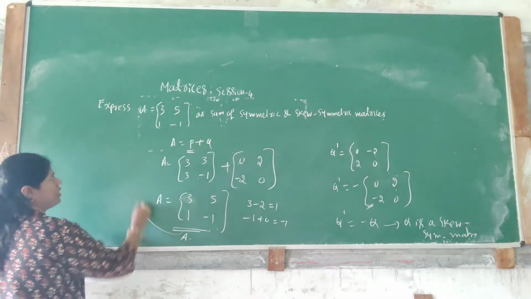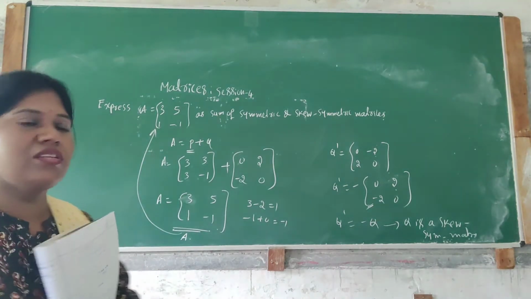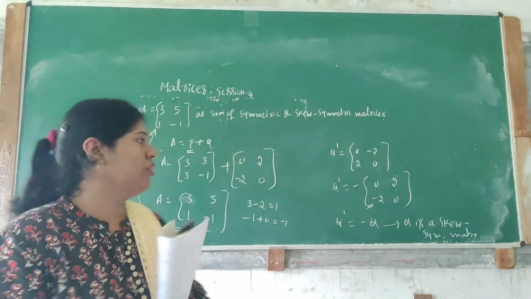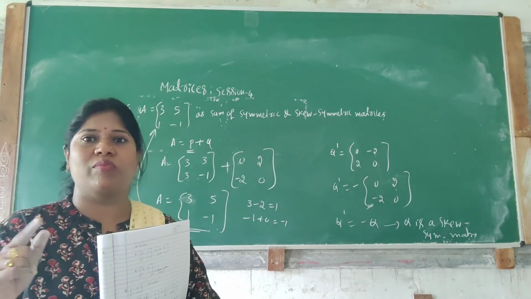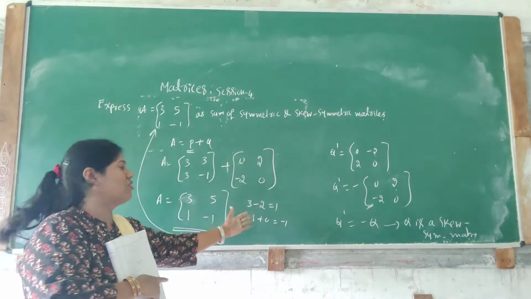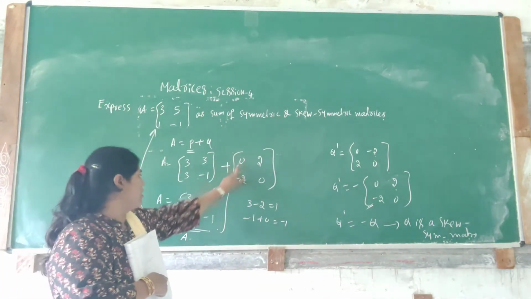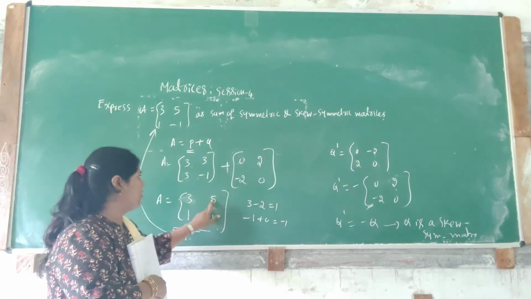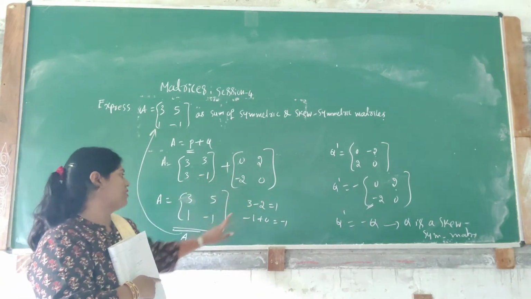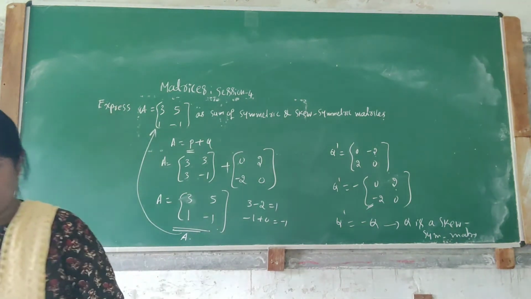We have to get the matrix A itself after simplifying A plus A dash divided by 2 and A minus A dash divided by 2. Only then are the values we have found correct, otherwise not. So 3 plus 0 is 3, 3 plus 2 is 5, 3 plus minus 2 is 1, minus 1 plus 0 is minus 1. So our answer is correct.